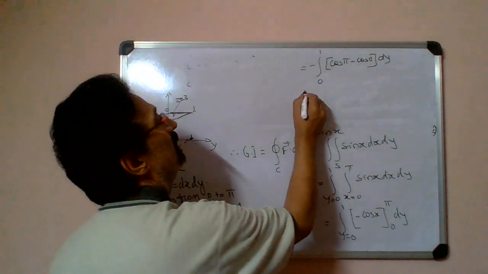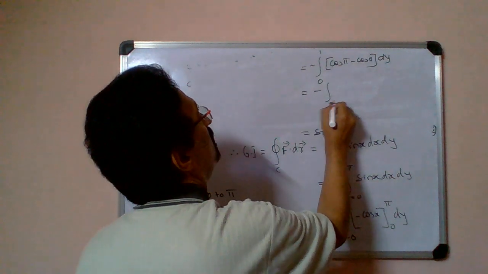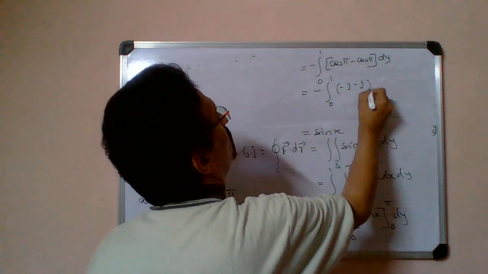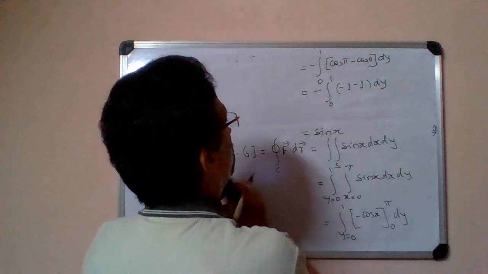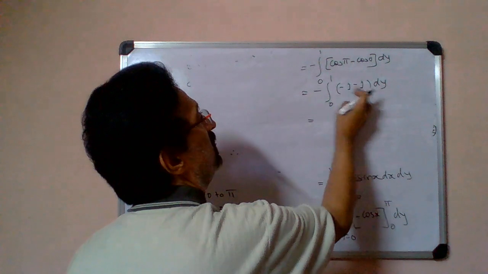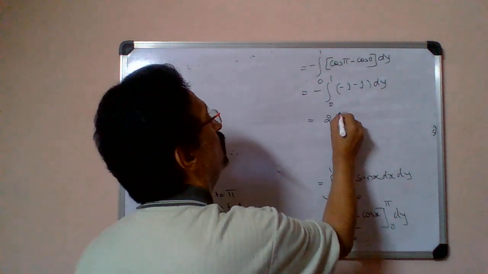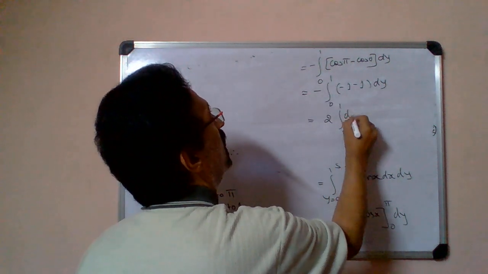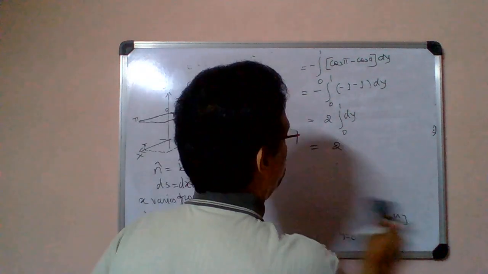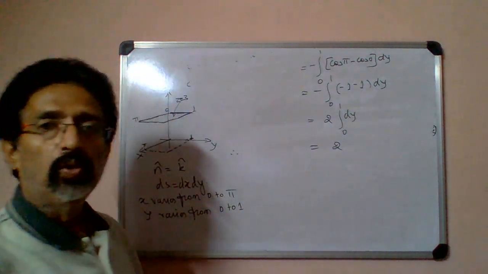So this is nothing but minus integral 0 to 1, minus 1 minus 1, dy. So that is nothing but minus times minus 2, with this minus becomes 2 times integral 0 to 1 dy, so the final answer is 2.